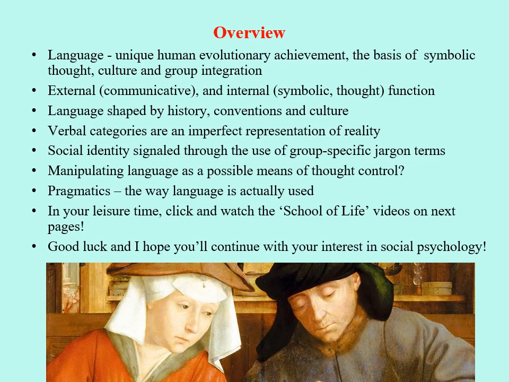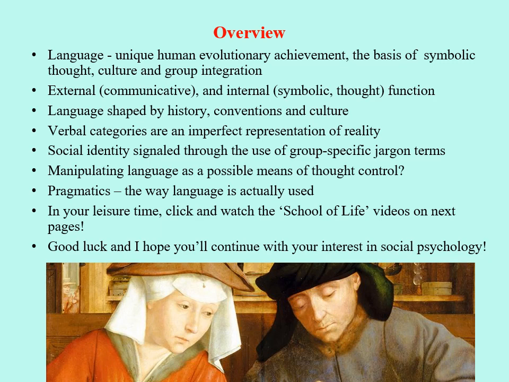The language we use is shaped by history, conventions, and culture, and as we have seen, different groups use different language terms to describe the same reality. The verbal categories we use are necessarily an imperfect representation of reality. We have also seen that language can be used to signal status and identity when people adopt particular jargon terms to signal to others their group identification.